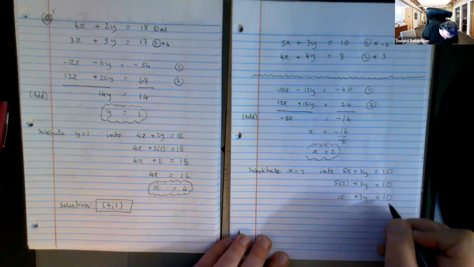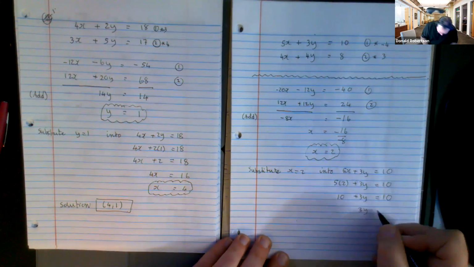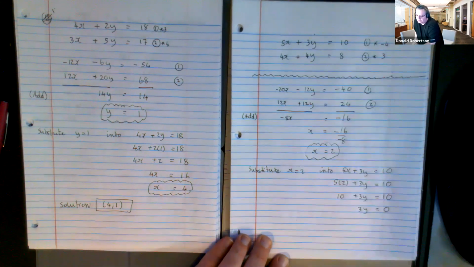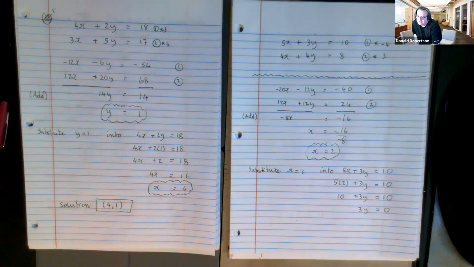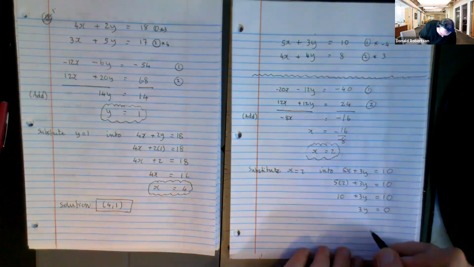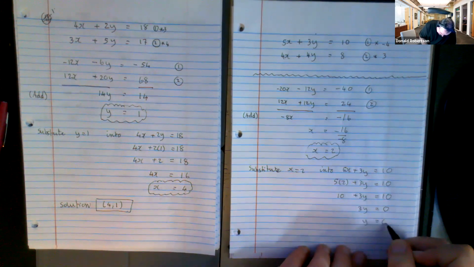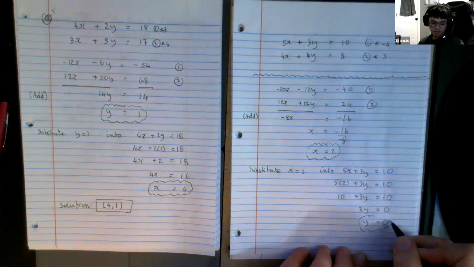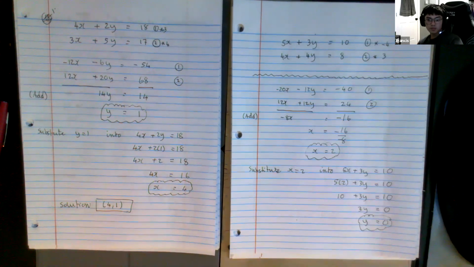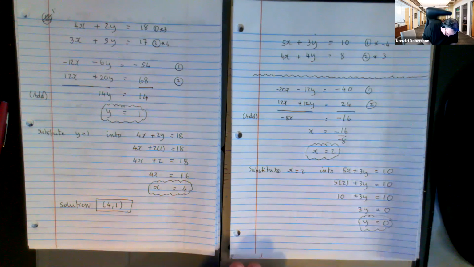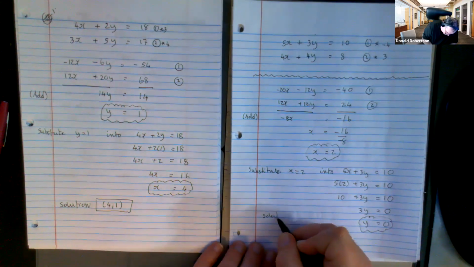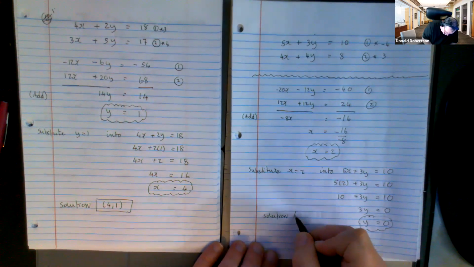Take 10 away from both sides and you get 0. And that's maybe where you start going, oh dear. But it's not oh dear, Bailey, because don't you divide both sides by 3? And if you divide both by 3, Francis, there's nothing to it. You still get 0. And so the solution is x is 2, y is 0.